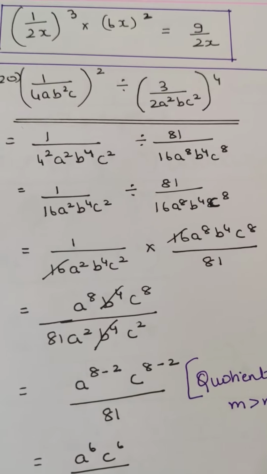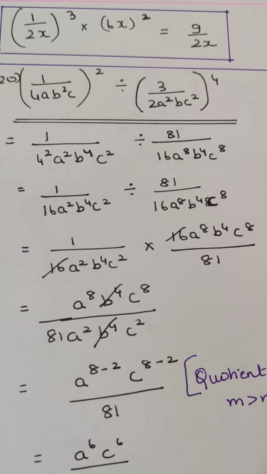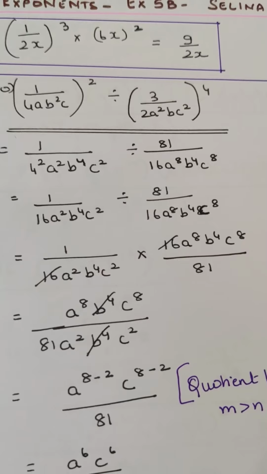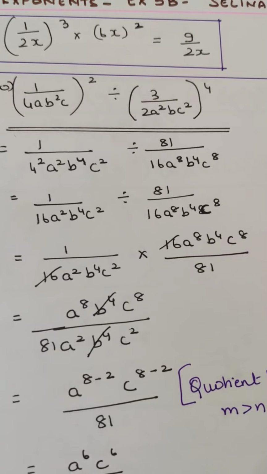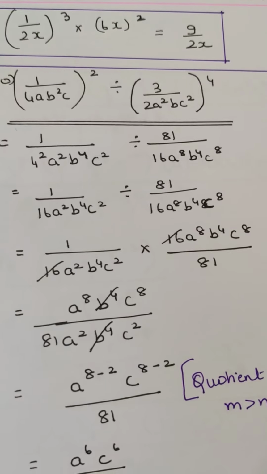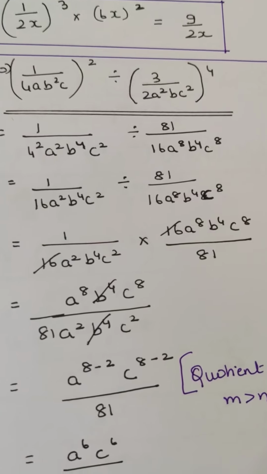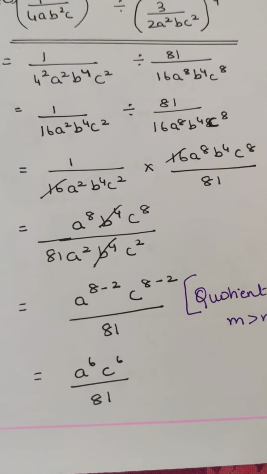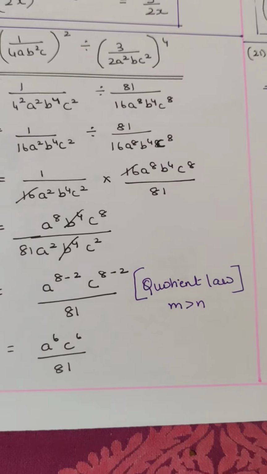Here what happens, 16 and 16 cancel, so what is remaining is a to the power of 8 b to the power of 4 c to the power of 8 divided by 81 by a square b to the power of 4 c to the power of 2. Again, b to the power of 4 and b to the power of 4 get cancelled, so you will use the quotient law.